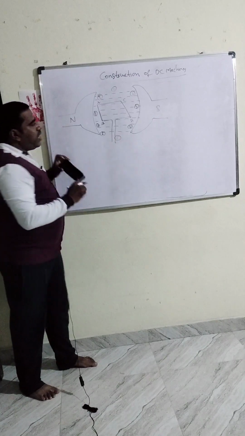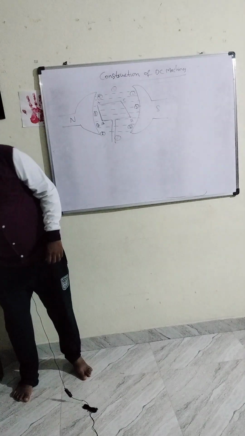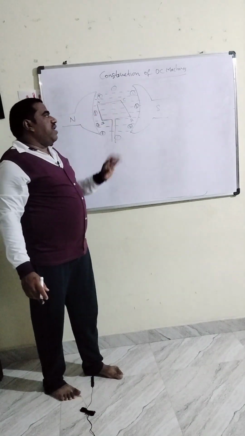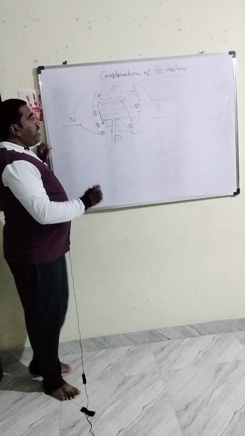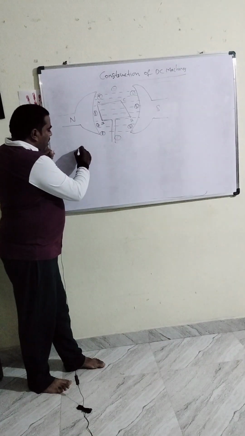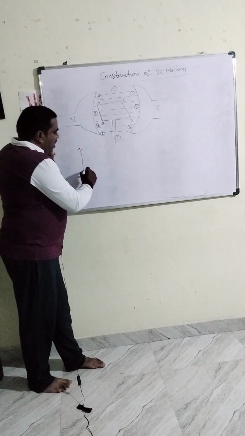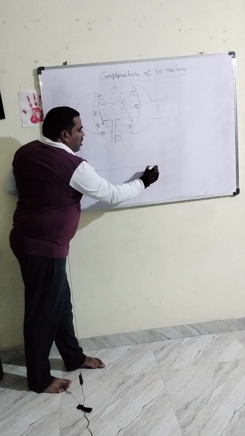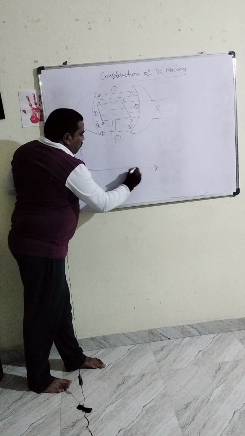I am going to consider the two coil sides, AB and CD. This complete generation I will explain with the diagram, showing how the EMF is generated in the different positions.